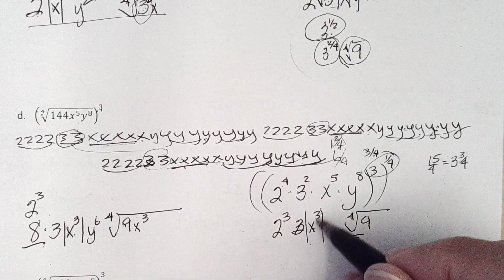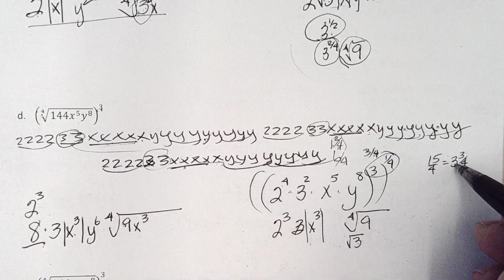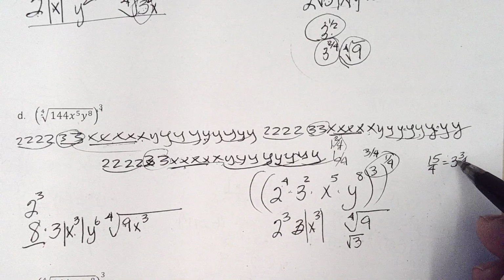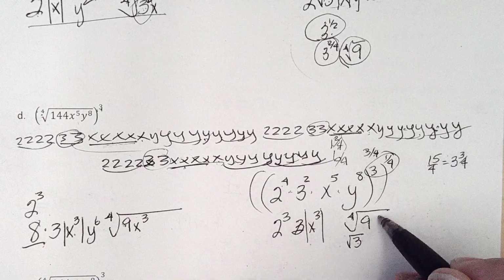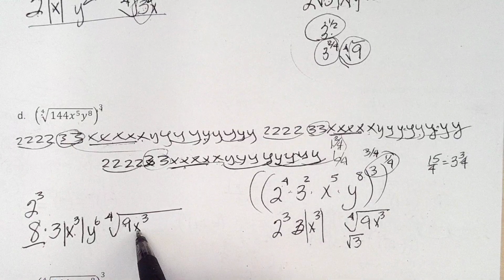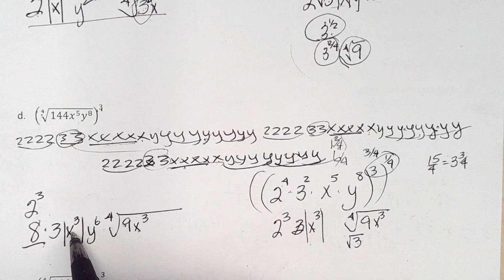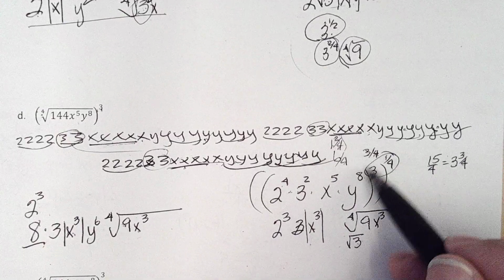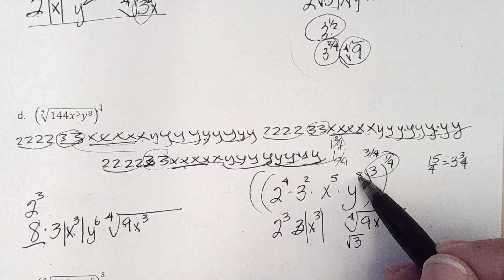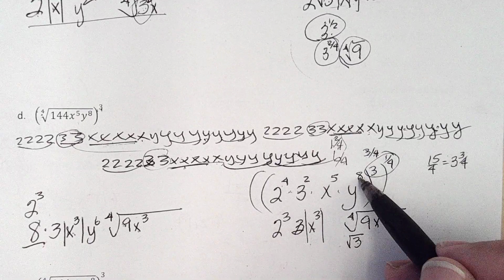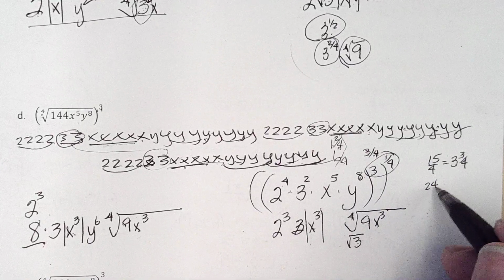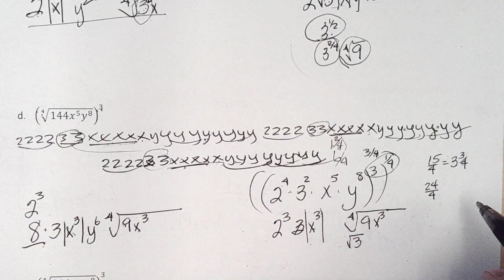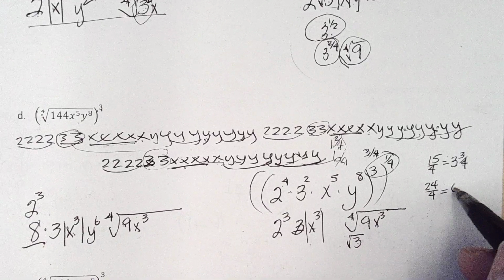So I get x to the 3rd and the 4th root of x 3 times. And the y: 3/4 times 8 is 24/4, which is 6.